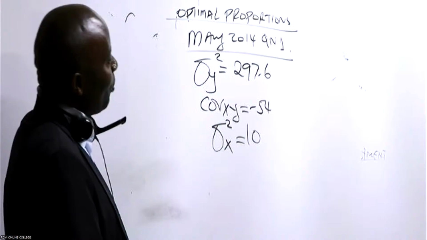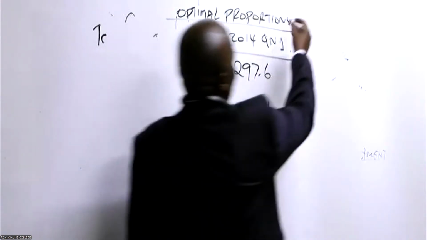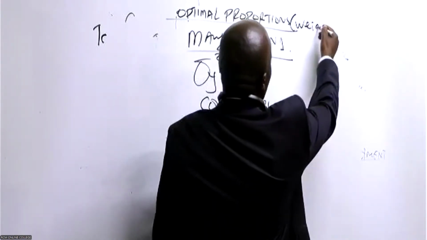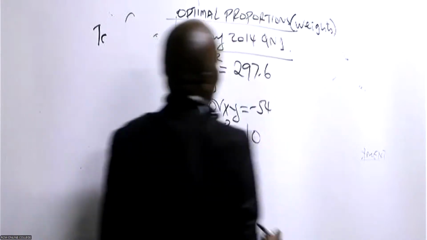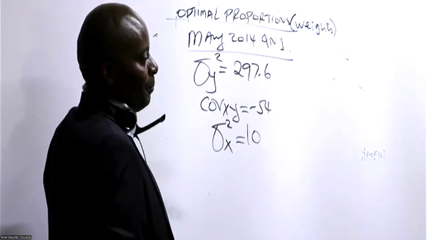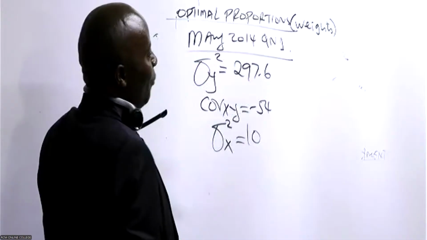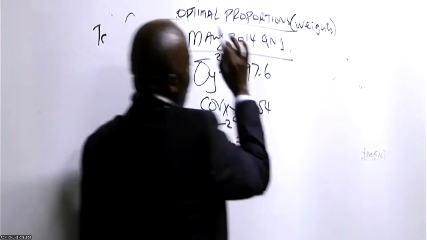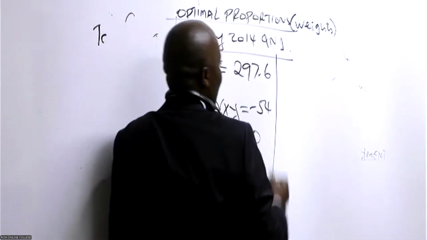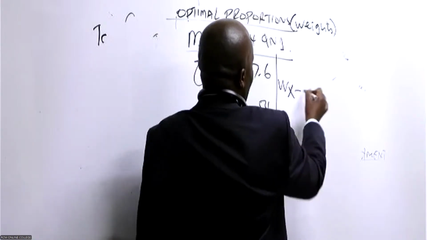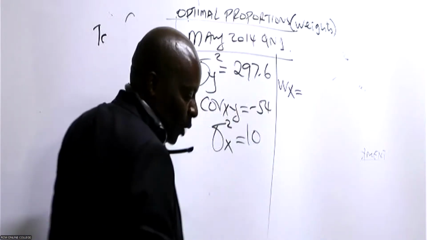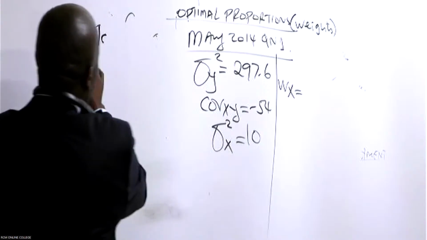These optimal proportions are also known as optimal weights. Your examiner will ask you for optimal weights. If they want us to give them the weight of X, this is what we shall always do. Very important.